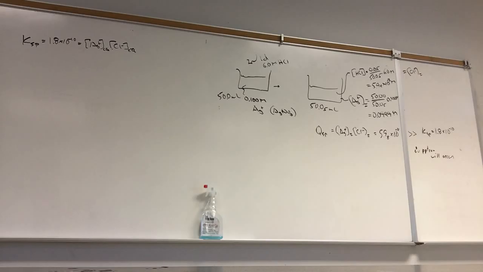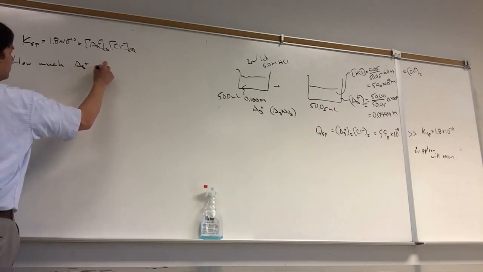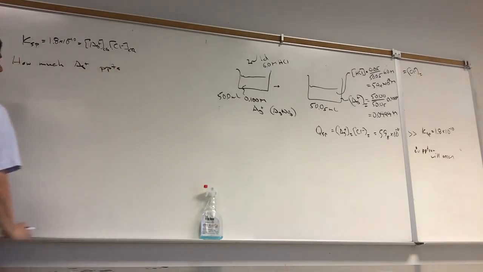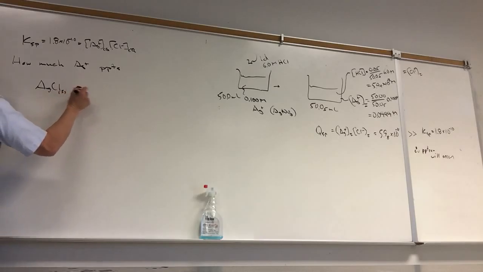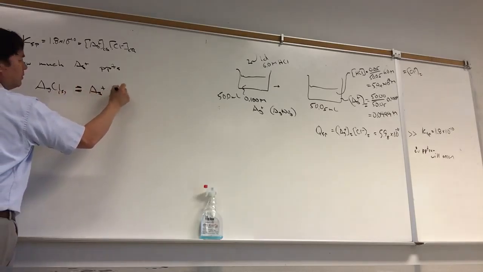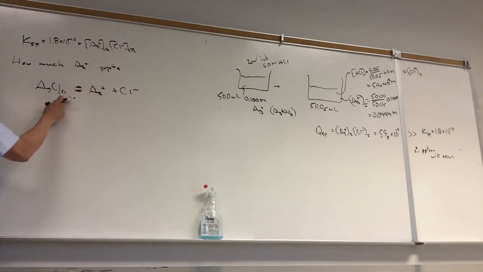We want to figure out how much silver precipitates. Any kind of solubility precipitation question, we always use the same equation. It's going to be the KSP equation. Here we wouldn't write it backwards, because backwards is actually precipitation. We just think of this as shifting to the left.